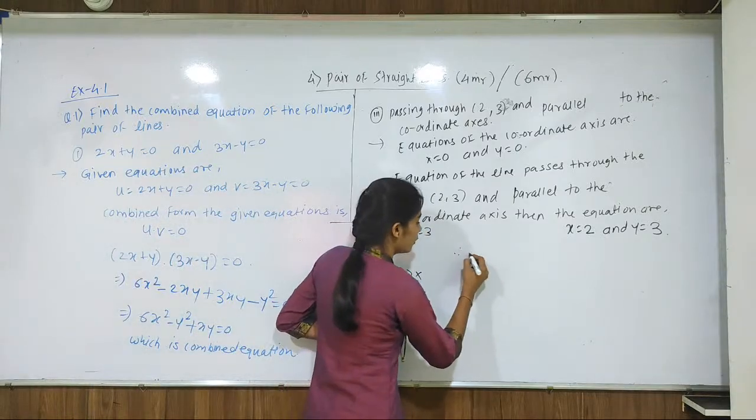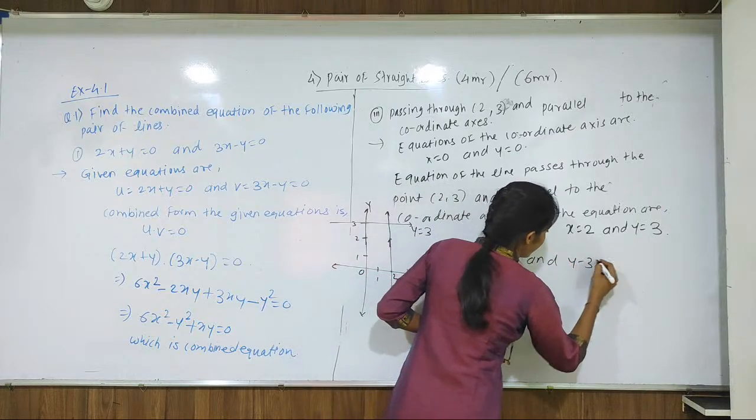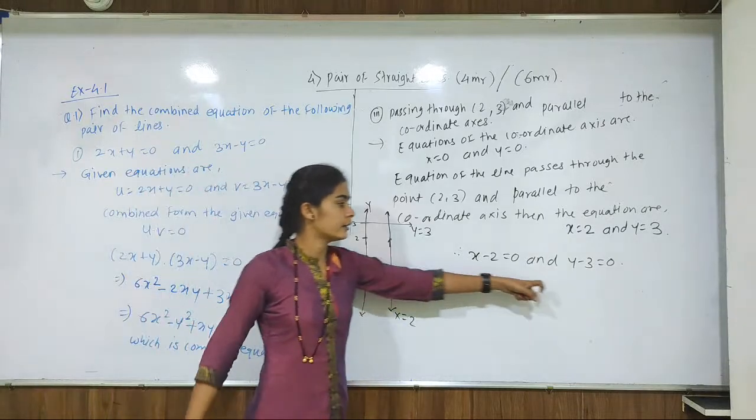Therefore x minus 2 is equal to 0 and the second equation is y minus 3 is equal to 0. We got two equations. This is u and this is v.